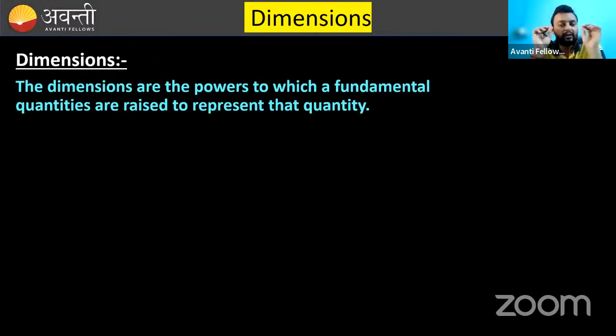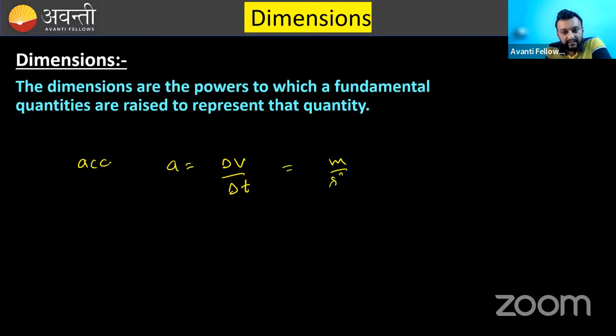Dimensions, listen to me one more time. For example, if I talk about acceleration, you know that acceleration is equal to change in velocity over time period. So change in velocity has the unit meter per second and time is again second, so its unit is meter per second square. So dimensions are what? Dimensions are the powers to which a fundamental quantity is raised to represent that quantity.